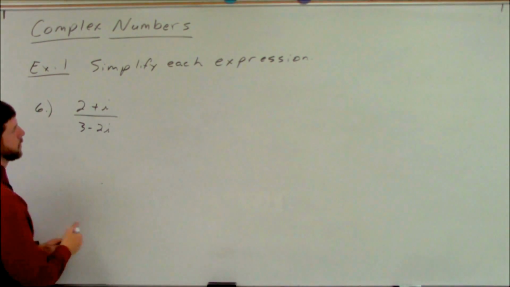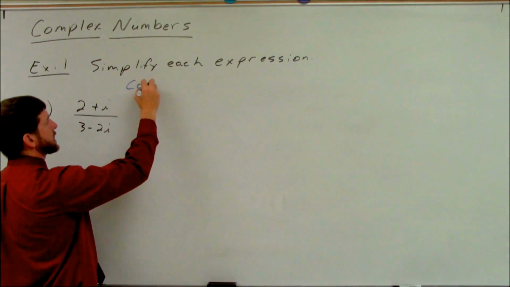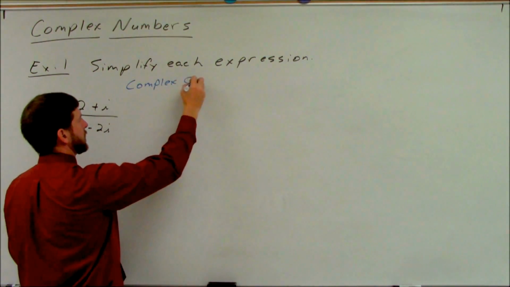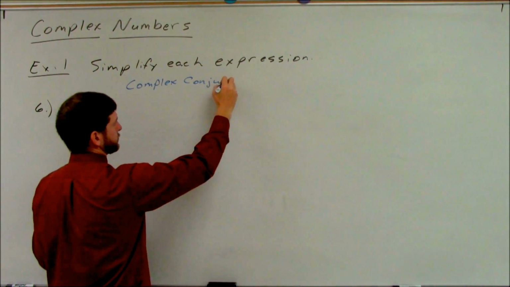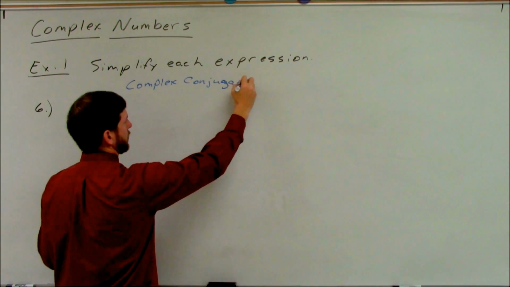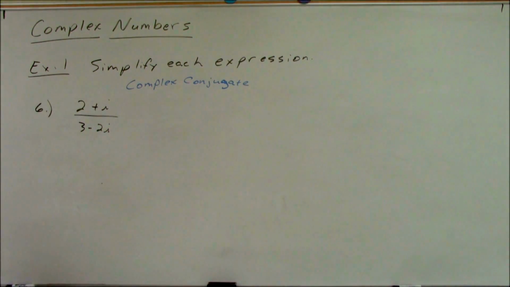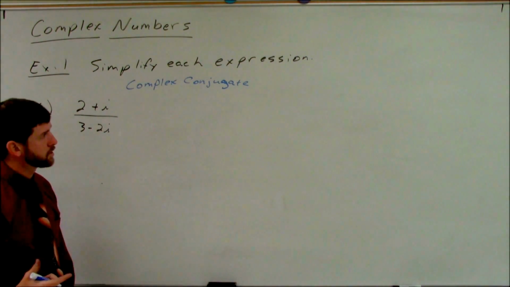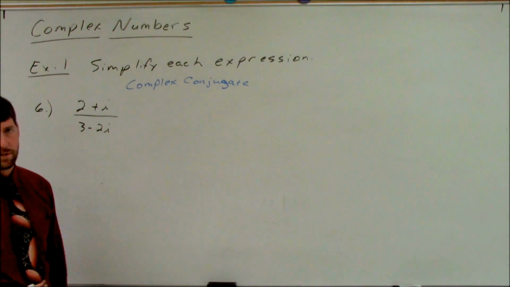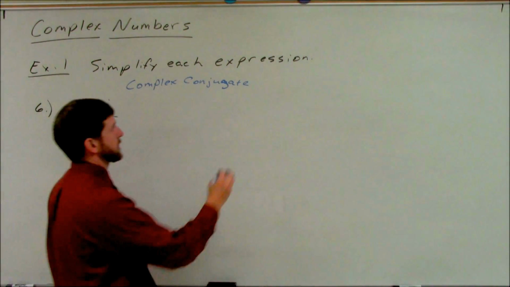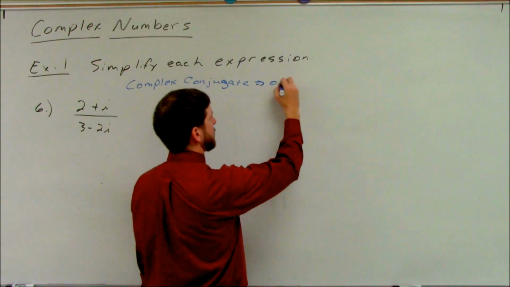And we're going to multiply by what we call the complex conjugate. Complex meaning it has an i in it. Conjugate meaning opposite the square root. So complex conjugate just implies opposite the i.